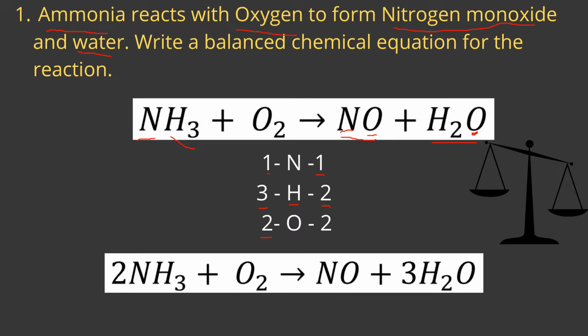So to do that, you multiply this 2 by 3 and 3 by 2. This means I'll take this 2 and put it here as a coefficient, and then on this side I'll take this 3 and put it here as a coefficient, right?